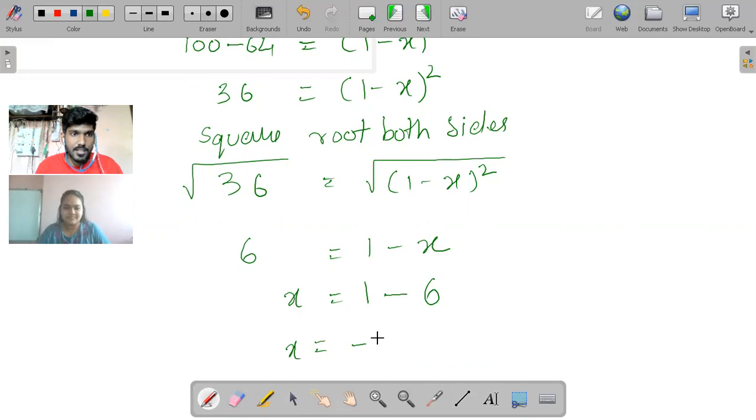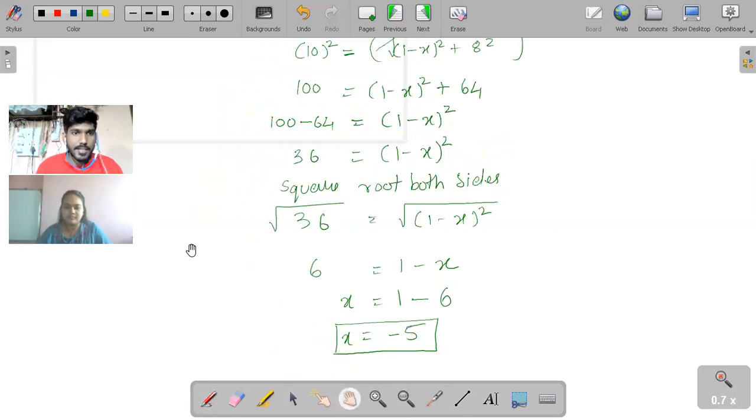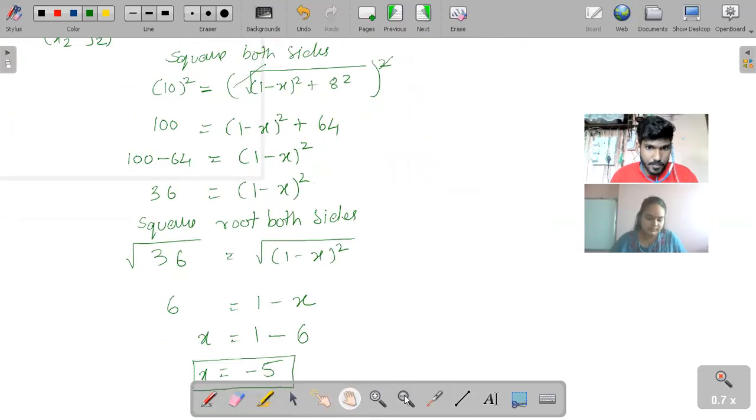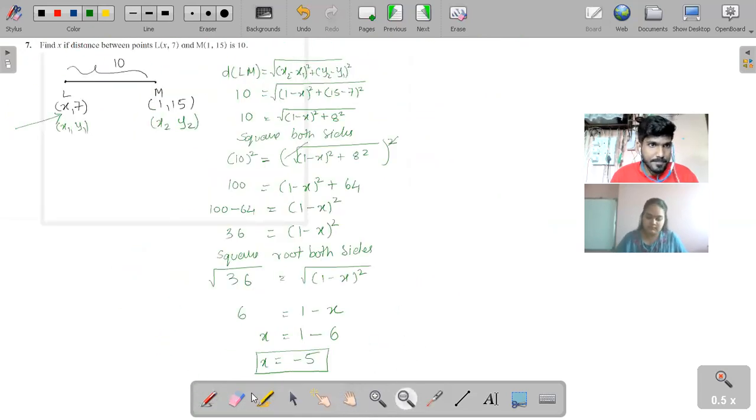Minus 5. So the value of x is minus 5. Is this method clear? Yes, understood. Okay. So first you write down this method and then I'll show you the second method. Is it visible? Yes, yes.